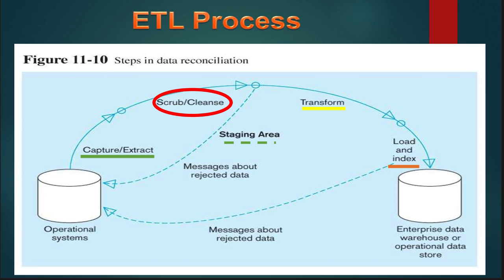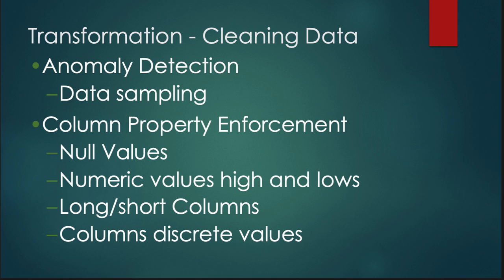Next we have the ETL process where data is cleaned. At this stage, data is being cleaned, where they will detect any anomaly or anything unusual, for example doing so via data sampling.